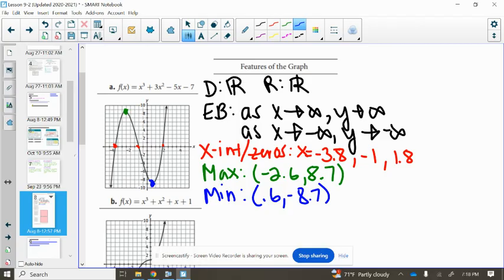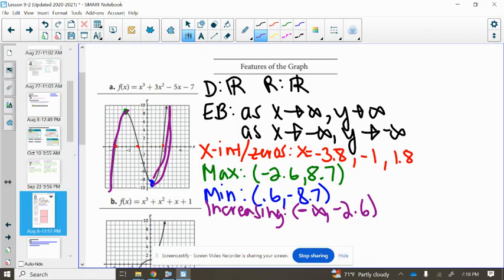Now, our increasing and our decreasing intervals, we can look again kind of as we go from left to right what's happening here. So we're riding the roller coaster up is basically our increasing interval, right? So from negative infinity until we get to that max point at about -2.6, we're going up. We're also going up when we are at that min point of about 0.6 until we get to infinity.